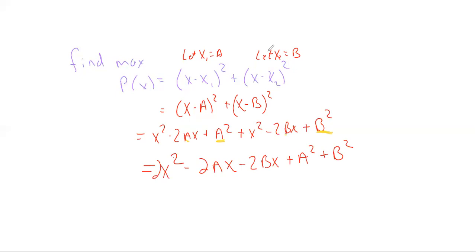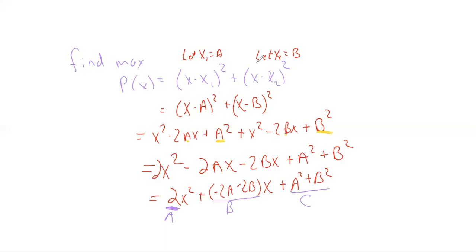Now in the middle, I can take this and say, this is 2x squared plus negative 2a minus 2b all times x, plus a squared plus b squared. What you need to see here is that's ax squared plus bx plus c.